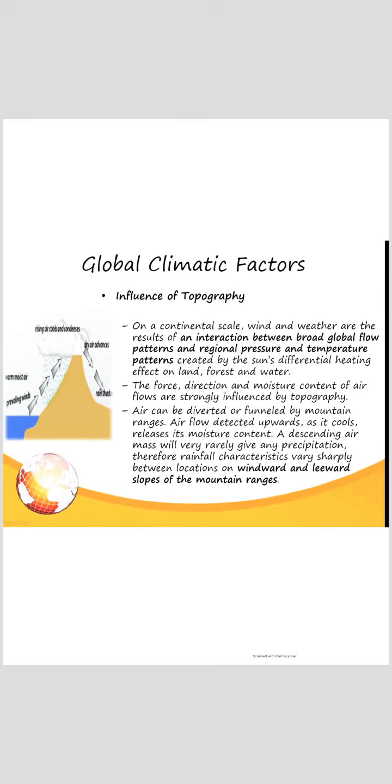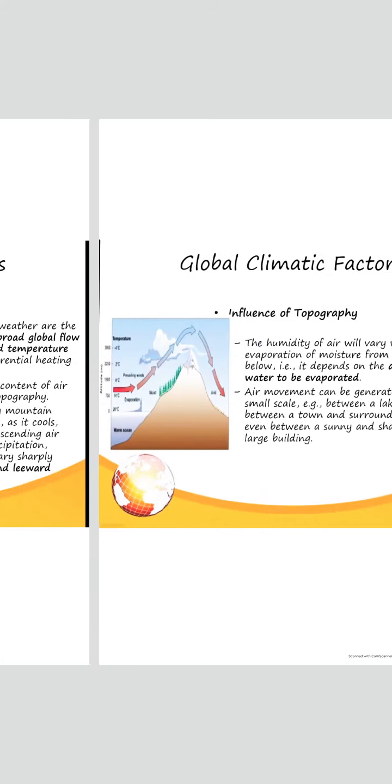The force, direction and moisture content of air flows are strongly influenced by topography. Air can be diverted or funneled by mountain ranges. Air flows deflected upward, as it cools, release its moisture content. A distant air mass will very rarely give any precipitation. Therefore, rainfall characteristics vary sharply between locations on windward and leeward slopes of the mountain ranges.